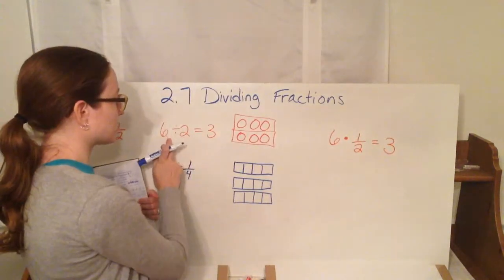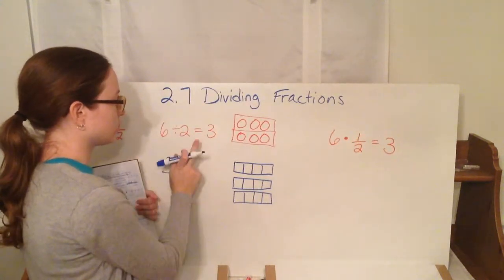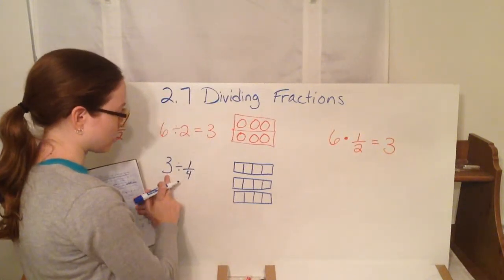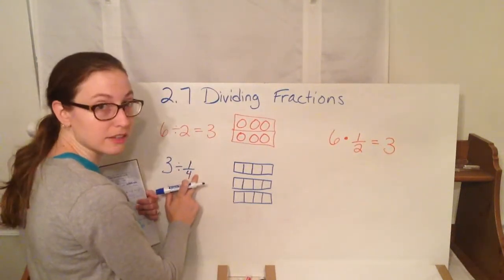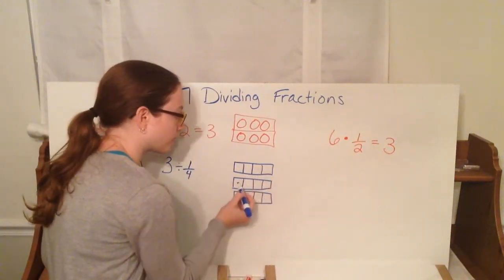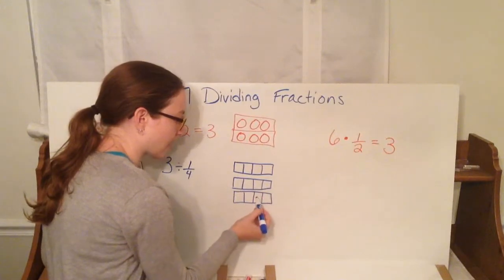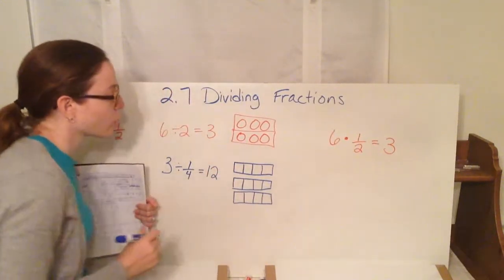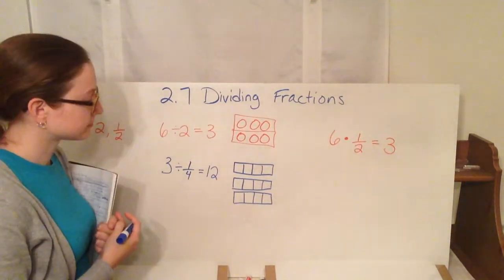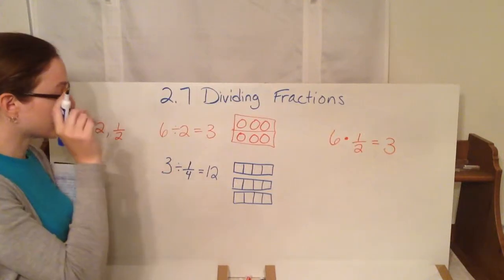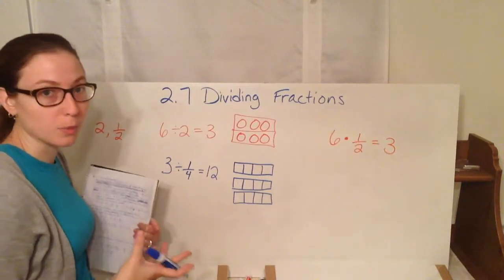Just like here, I split the total into this many pieces and got this. Now I'm splitting the total into this size of a piece, and I will find that I have 1, 2, 3, 4, 5, 6, 7, 8, 9, 10, 11, 12 quarters in 3.